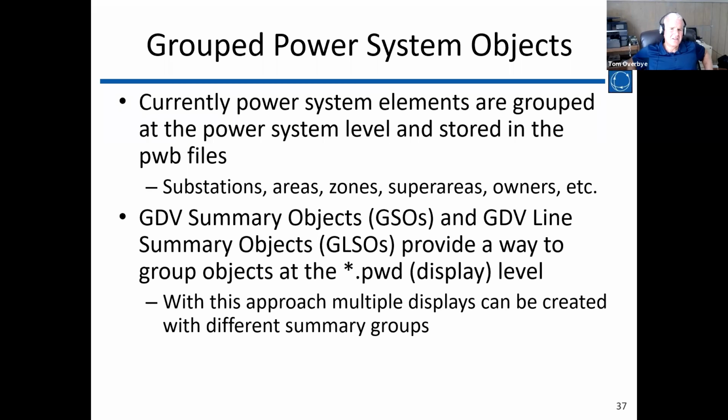The next slides talk about something that is an attribute of a display, and that is Gdv Summary Objects, or GSOs, or Gdv Line Summary Objects, or GLSOs. They provide a way to do the same grouping, or a flexible grouping, but at the display level as opposed to the power system level.